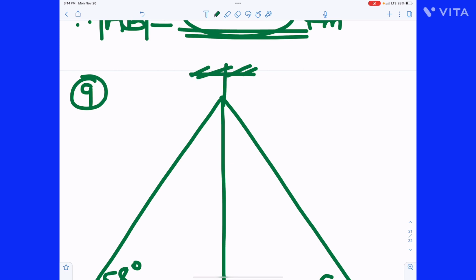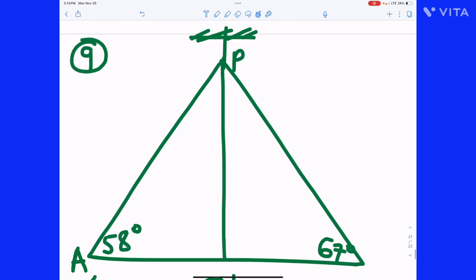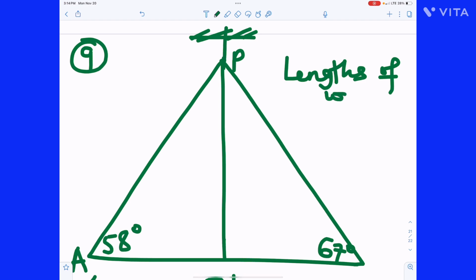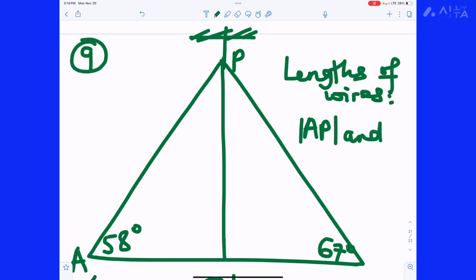Let's call this place P. We use that to find the length of the wires. What are my wires? AP and BP. So the length of the wires will be AP and BP.